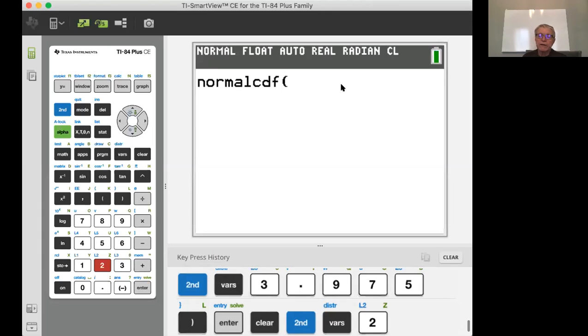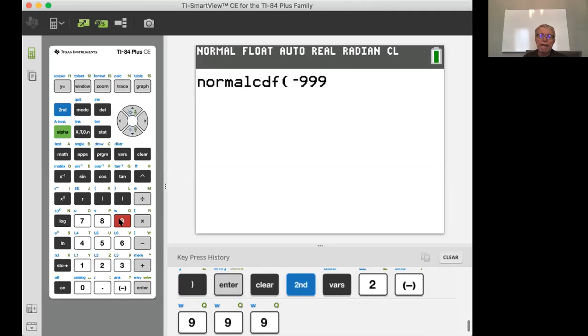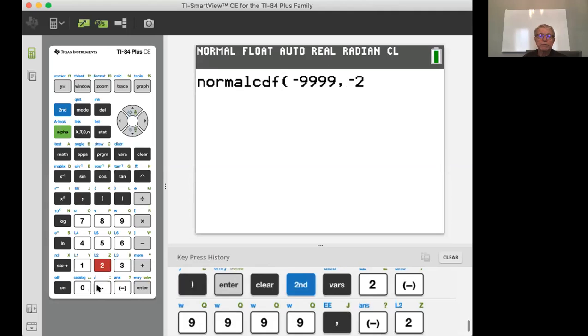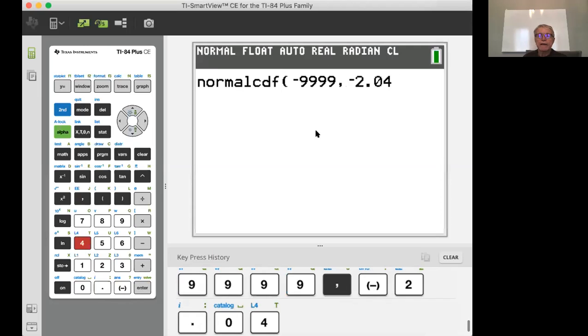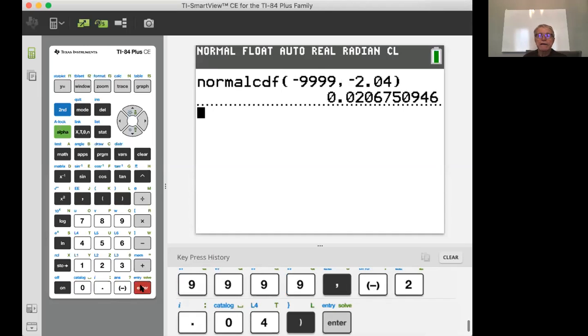And for negative infinity, we're going to use instead a large negative number, and then a comma. And then the test statistic, negative 2.0, I believe it was 4. Let me take a quick peek and see. Yes, 2.04. And then close the parenthesis and hit enter. There's the area to the left of the test statistic value.